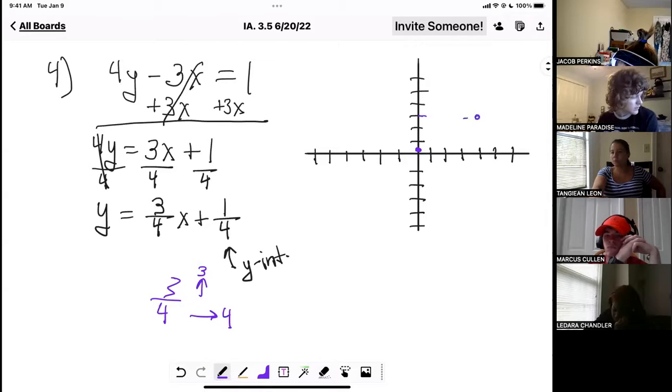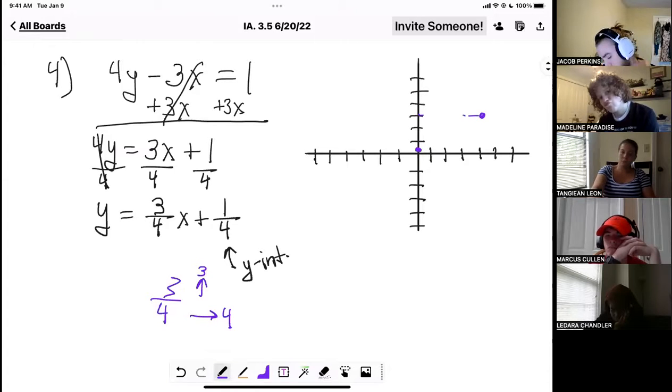There you go. It's going to be right about at the quarter. Okay, right about the quarter, and it's over 4, so 3 over 4.